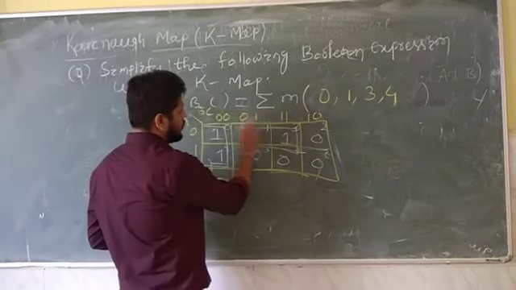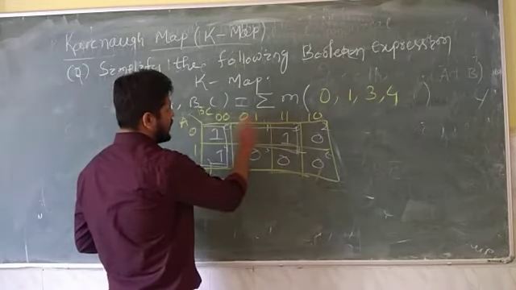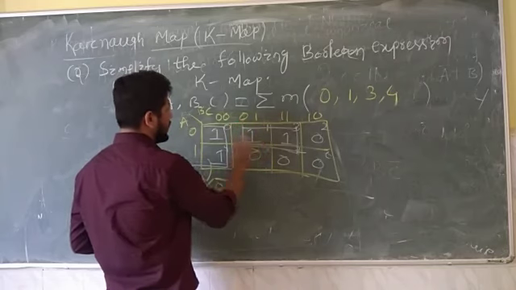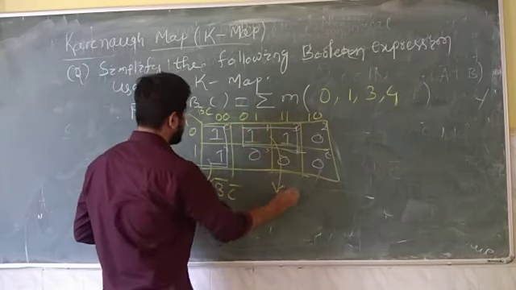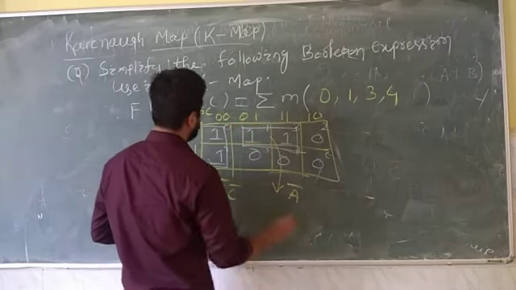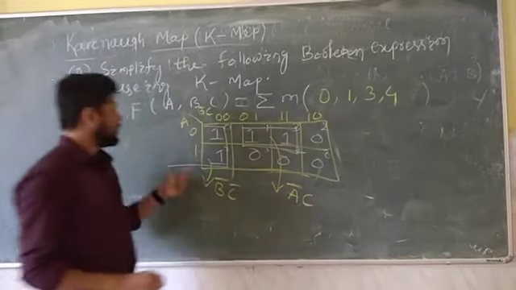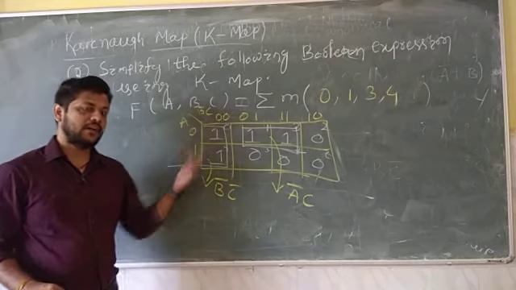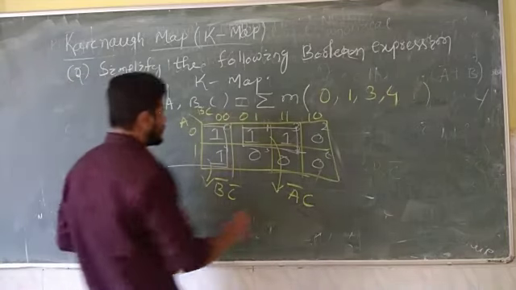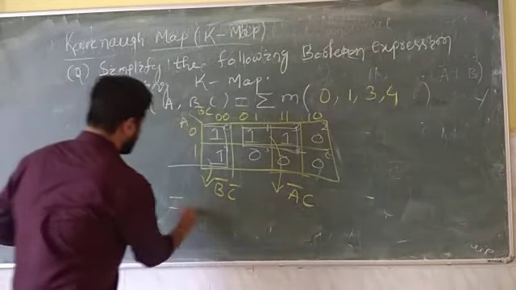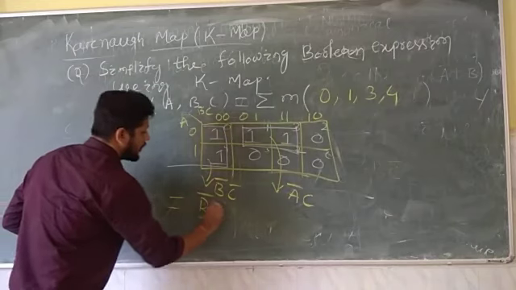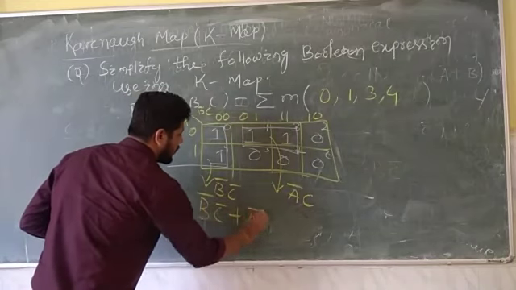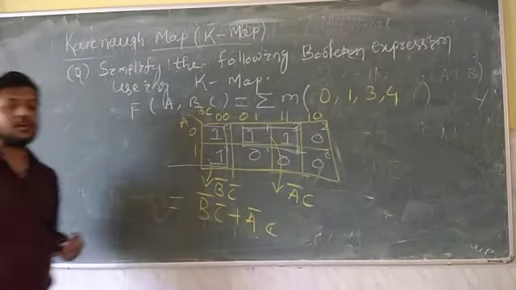Here we have 0, 1, B is changing, C is constant and A is constant, hence this can be written as A bar and C, because variable 1 means the variable, and variable 0 means the variable bar. So the minimized expression will be B bar C bar or A bar C.